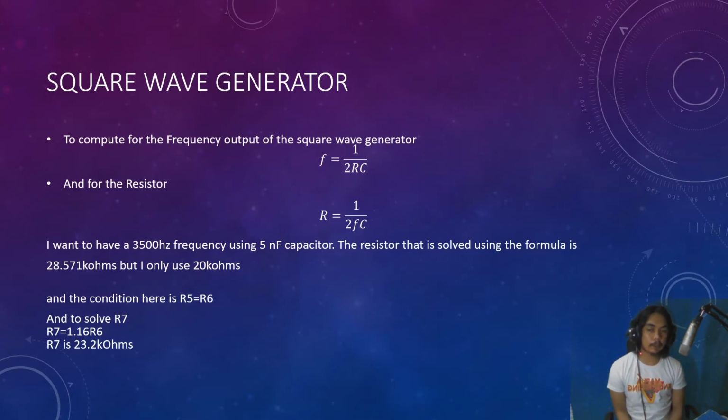The output frequency of my pulse amplitude modulation circuit is above 2000 Hertz. Then this is how I built my PAM circuit.